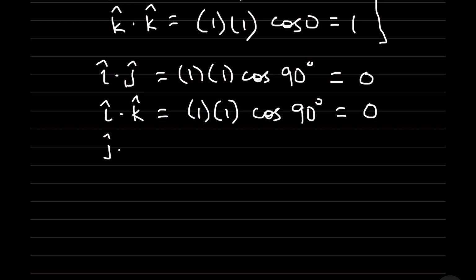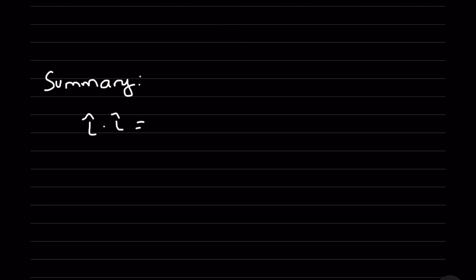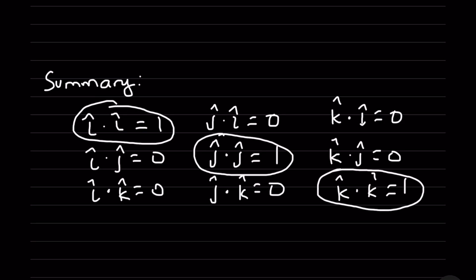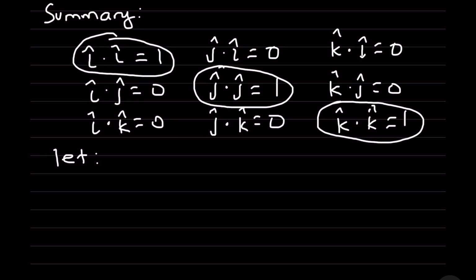So if we get the dot product of two unit vectors that are not similar, the dot product is automatically equal to 0. So I summarize these results in this table. Again, the dot product of a unit vector with itself is equal to 1. The dot product of unlike unit vectors is equal to 0.